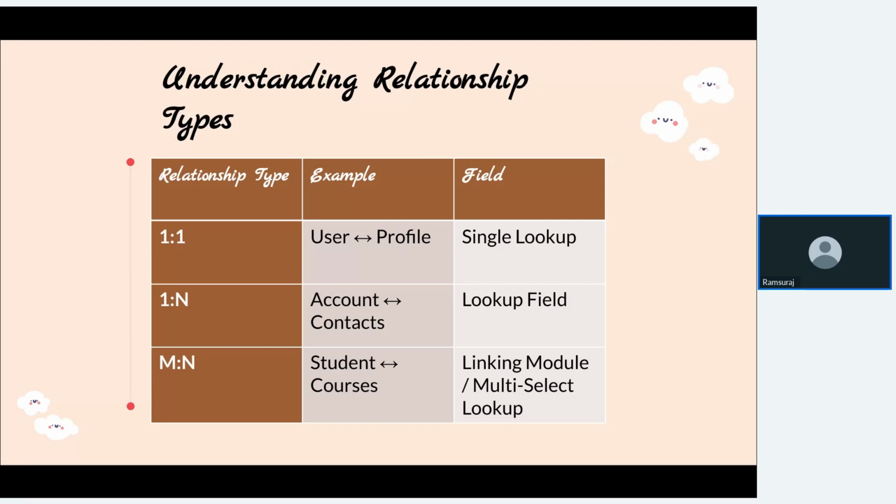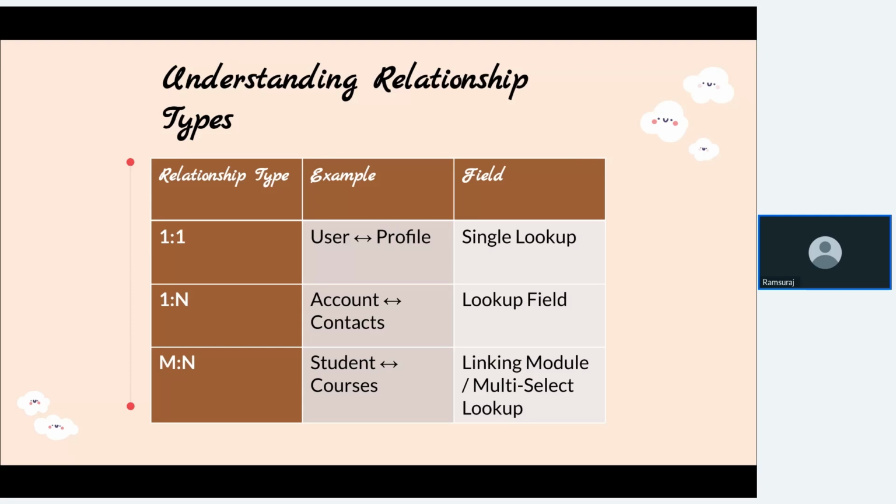Before moving on to the types of relationships, you need to choose the right relationship to perform an automation, right? So in Zoho CRM, you have three relationships, but before starting with them, you need to know which relationship will fit this automation, right?